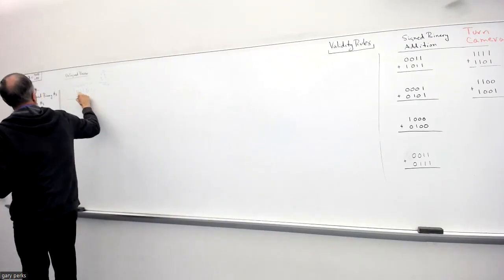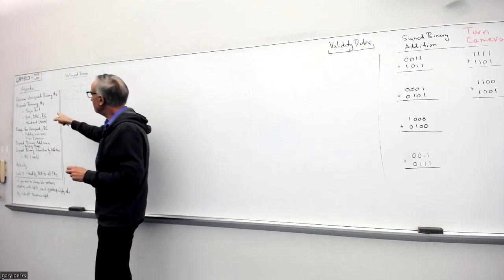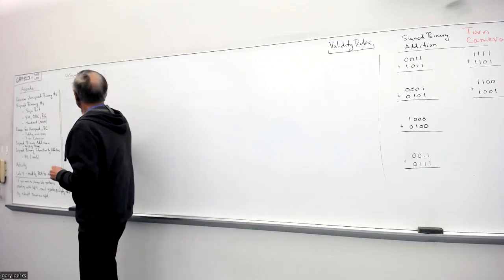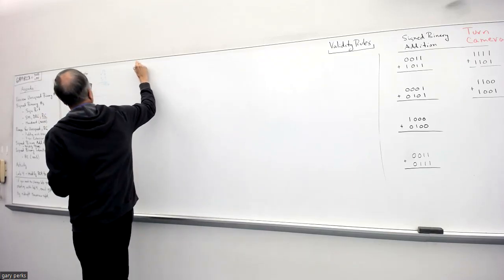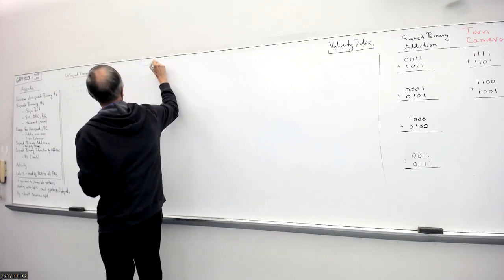Today we're going to talk about signed binary numbers, and there are actually three representations of signed binary numbers. There's sign magnitude, which is what SM stands for over there.